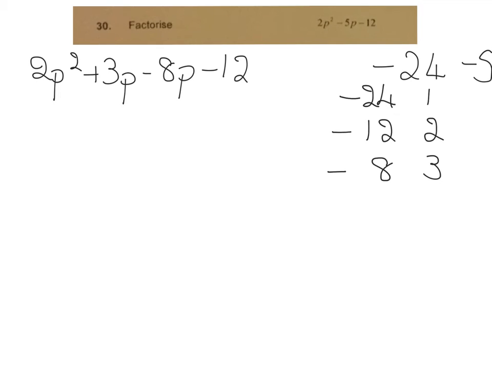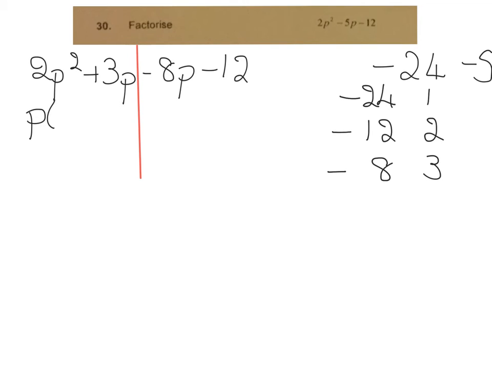So again, we're going to put our line down the middle and pull out a common factor either side. So 2p squared plus 3p, the only thing we can pull out is p. So our common factor on this side is going to be p.